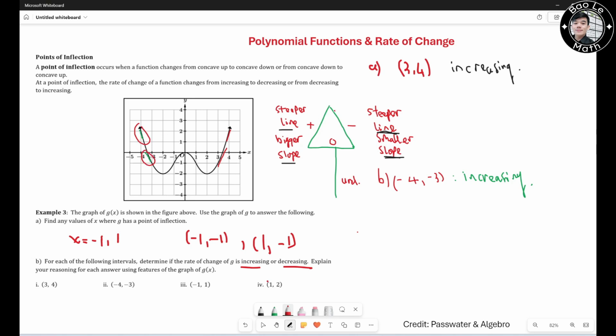So look at this one, it's gonna be on the right hand side right here. Steeper line, smaller slope. So for example, the slope of this one is -5 and this guy -3. So in order to get -3 from -5, which means we're gonna add 2, right? So the rate of change is increasing.